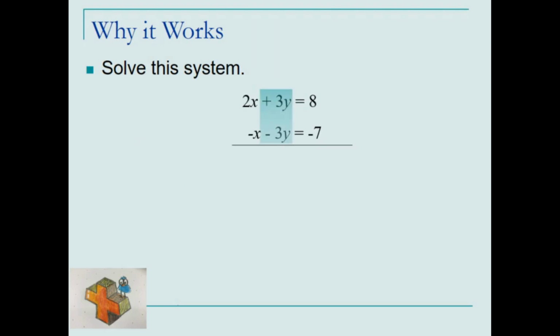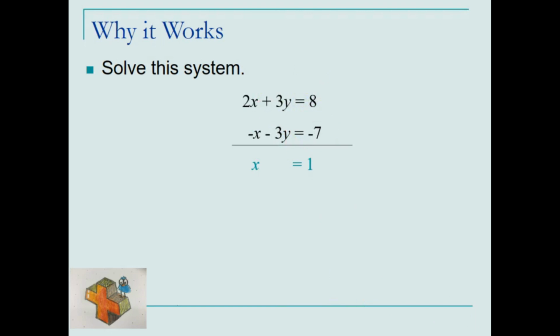Combining like terms, we see that our y terms cancel out. 2x minus 1x leaves us with 1x, and 8 plus negative 7 is equal to 1 when we add like terms together of these two equations.